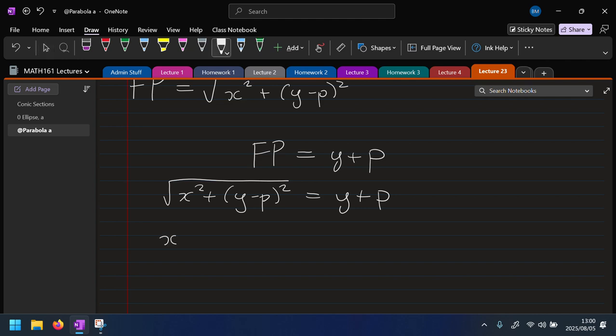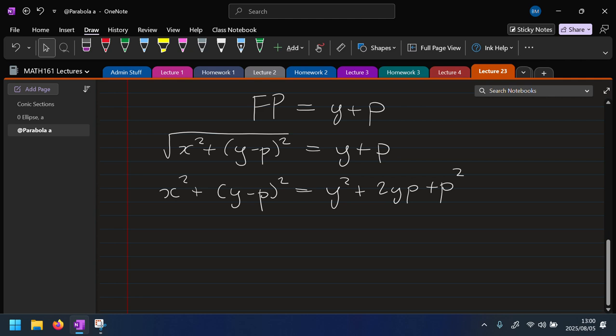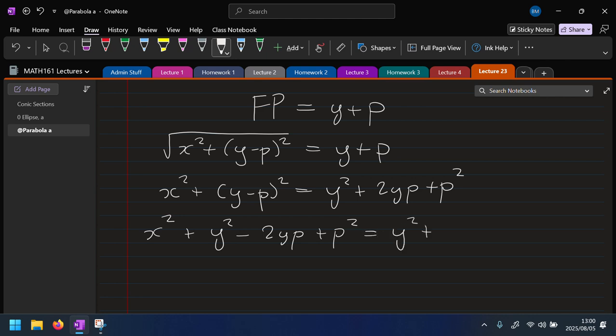So we're going to have x squared plus (y minus p) squared is equal to y squared plus 2yp plus p squared. Okay, we can expand out the other square from that left-hand side. So we have x squared plus y squared minus 2yp plus p squared equals y squared plus 2yp plus p squared. Okay, so everything expanded out.